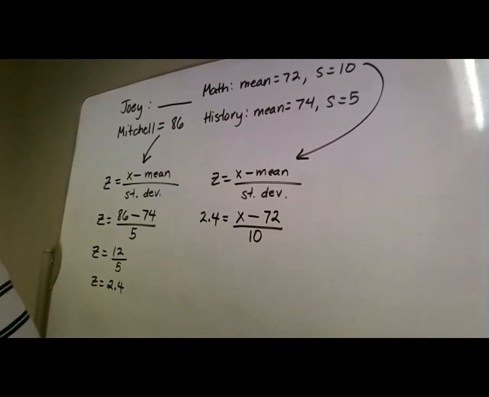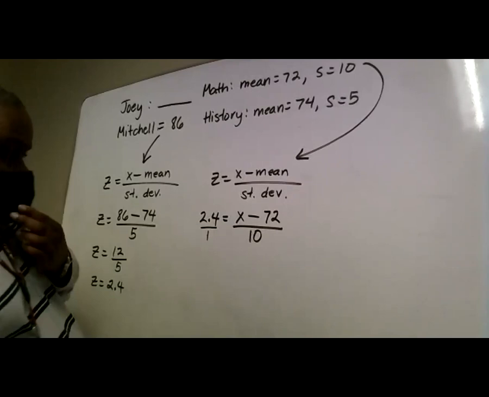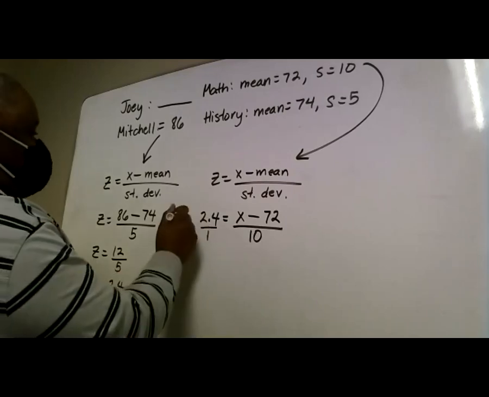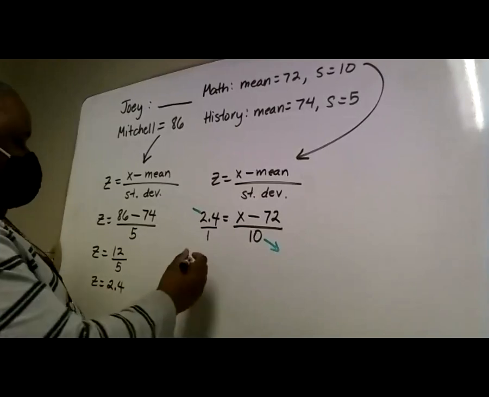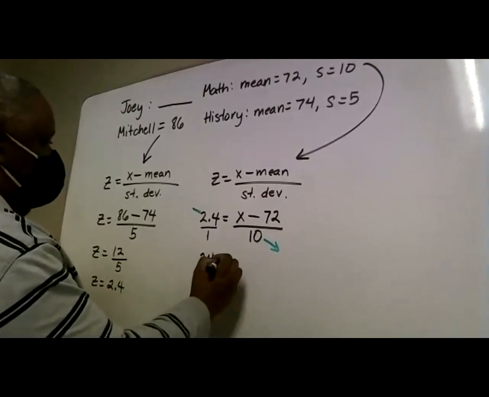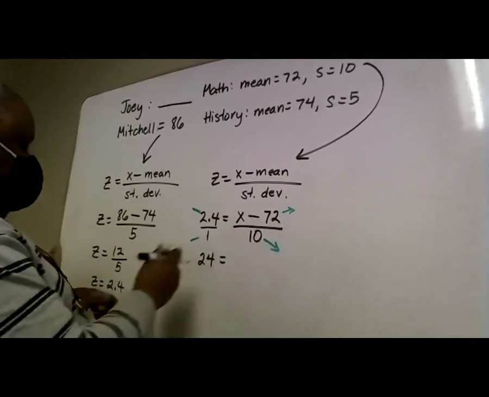All right, so now we can try to solve this equation for x. What I would do here, I would put 2.4 over 1, and then do what they call cross multiplication. So 2.4 times 10 is 24, and that's equal to 1 times the x minus 72.